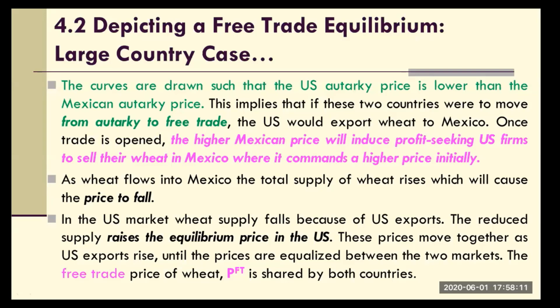In the United States market, wheat supply falls because the US exports, and the reduced supply raises the equilibrium price in the US. The prices move together as US exports rise until they are equalized between the two markets. The free trade price of wheat, P free trade, is shared by both countries.